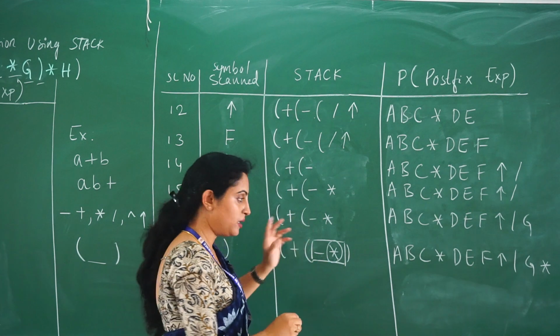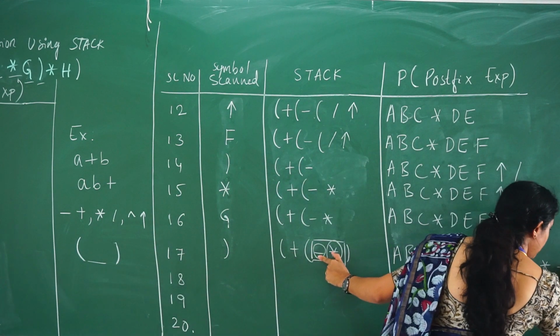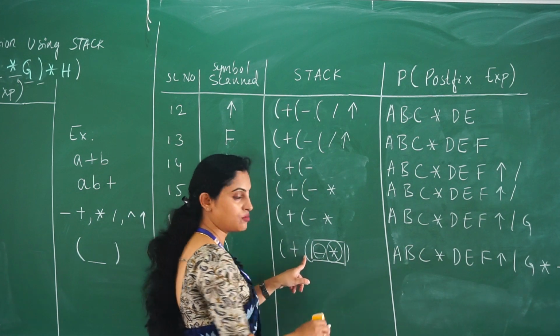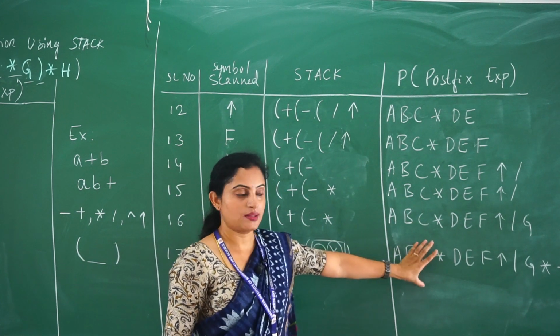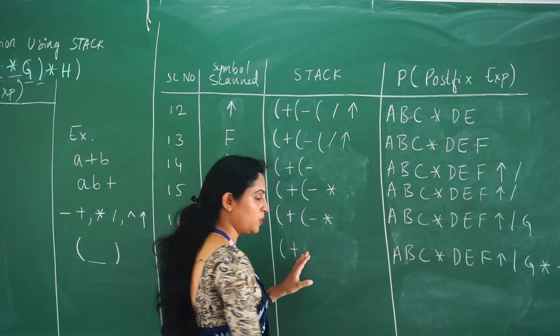The next popped element is minus. Pop it and place it into the postfix expression. Now the left parenthesis is encountered, and we don't keep the left parenthesis in the postfix. So the left parenthesis will be eliminated.